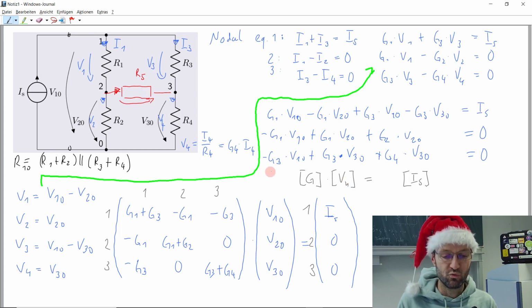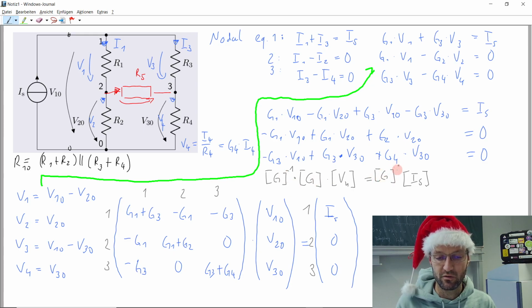So what we do is we take the inverse of this G matrix and multiply it from the left-hand side. And if we do it on this side of the equation, we of course also have to do it on the other side of the equation. And the inverse matrix times the same matrix is the identity matrix.